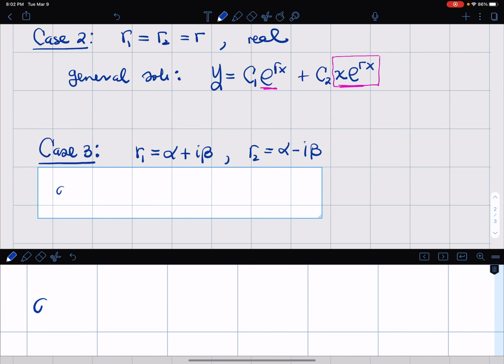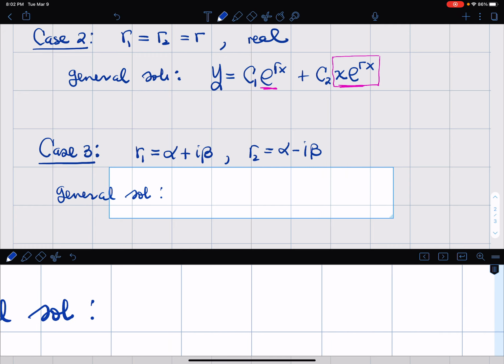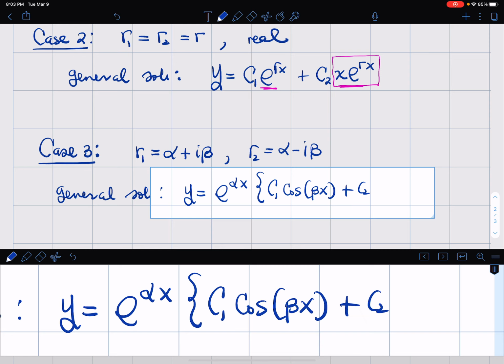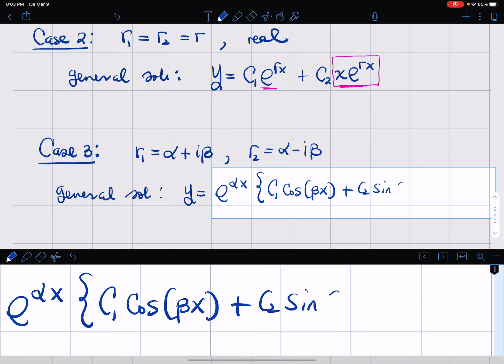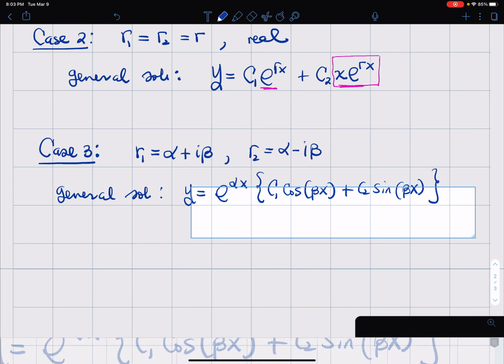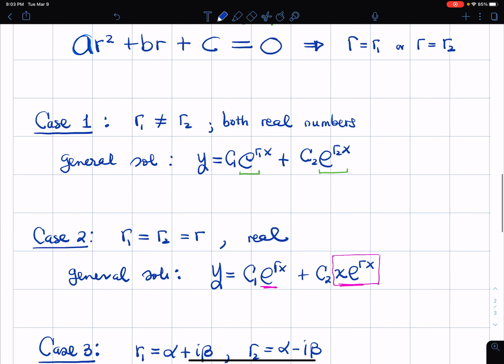In this case, the general solution is y equal to e to the alpha x times c1 cosine beta x plus c2 sine beta x. All right, you probably have a whole lot of questions now, but I will explain this in another video.